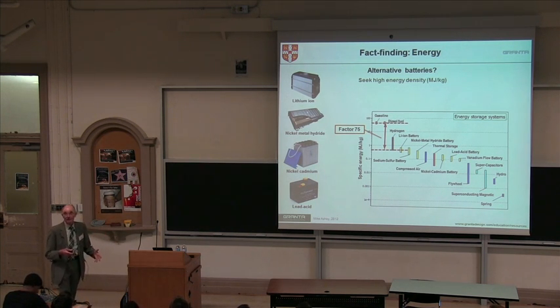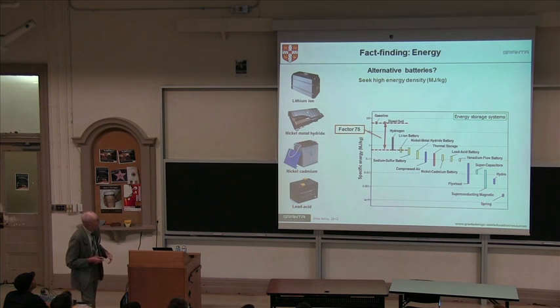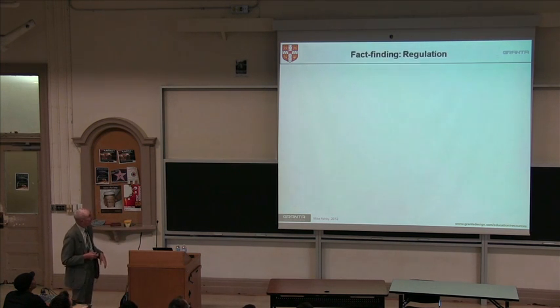That's why electric cars only go 100 kilometers, because if you wanted them to go 500 kilometers, the battery would weigh half a ton, and it would cost you at today's prices about $50,000. So those are the challenges. They're not insurmountable, but you can see that they're there.